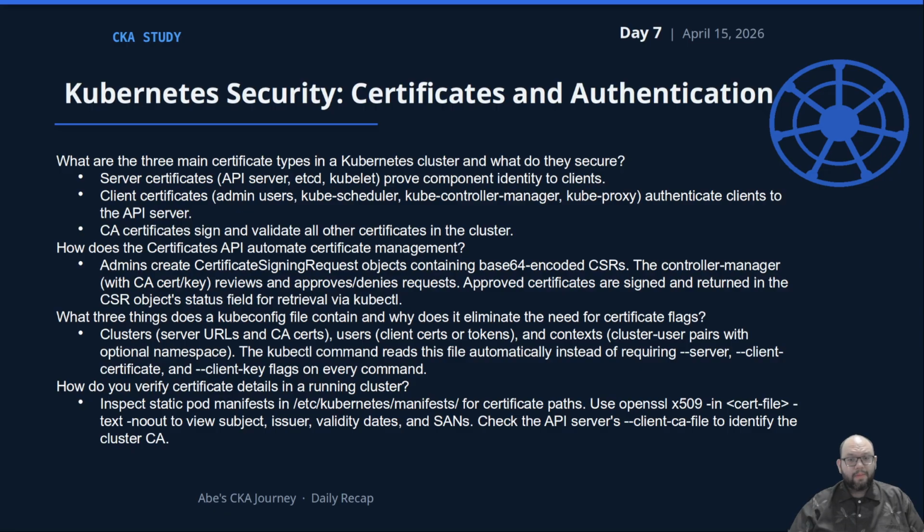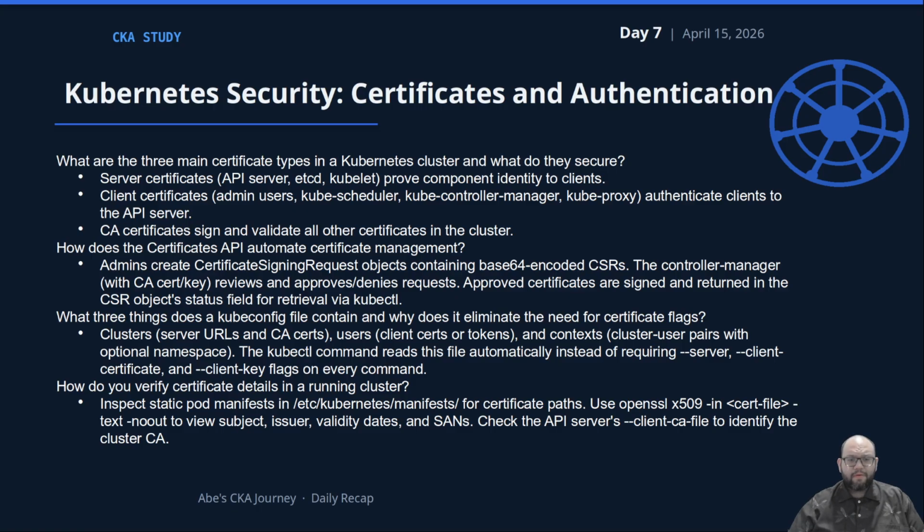The kubectl command reads the file automatically instead of requiring server, client certificate, and client key flags on every command. And certainly you could also expose an environment variable like KUBECONFIG to pass a different path, but that's a little bit more in depth.